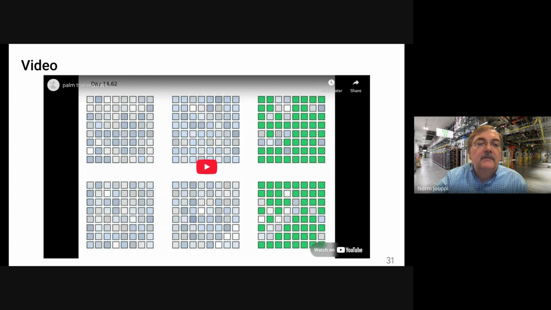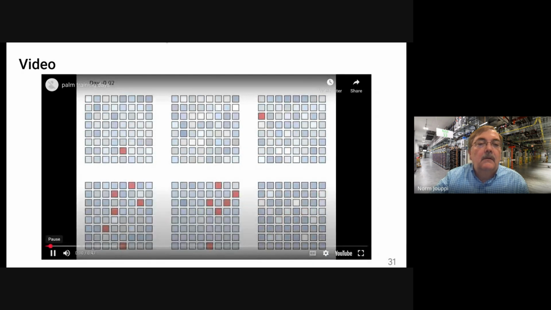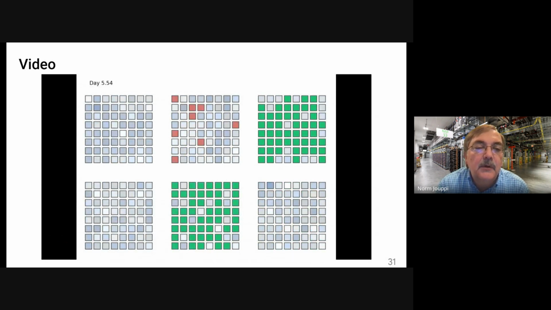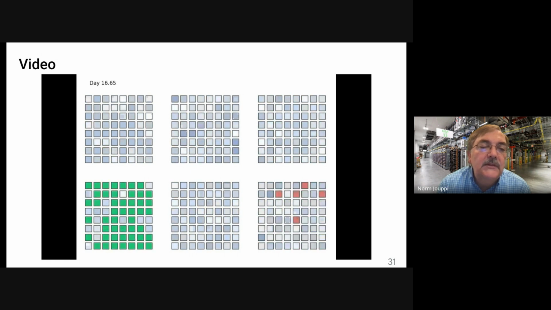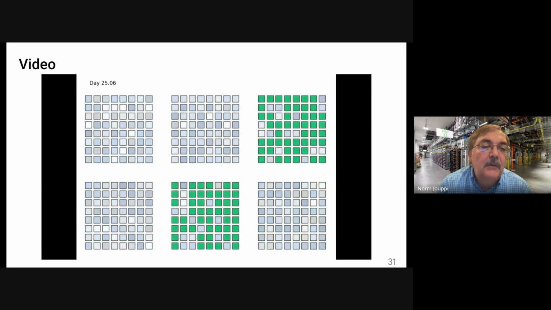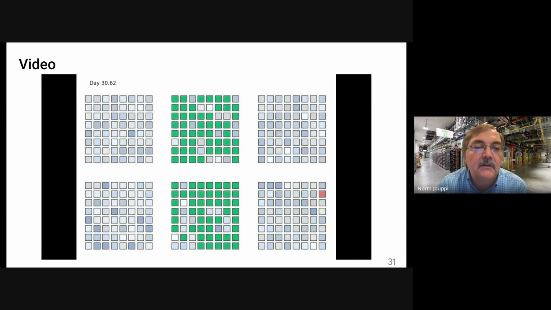So let's see if we can show the video. Okay. So the green squares are the ones that are doing the job that we're interested in. And you can see how the ones in each Superpod that are active on the job can move around, and then the job can move between different Superpods as time goes on.